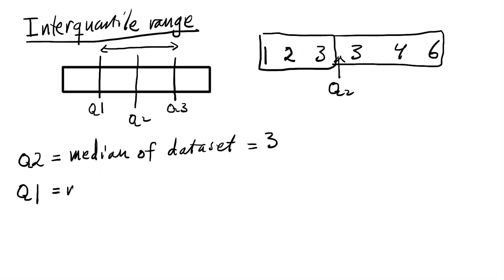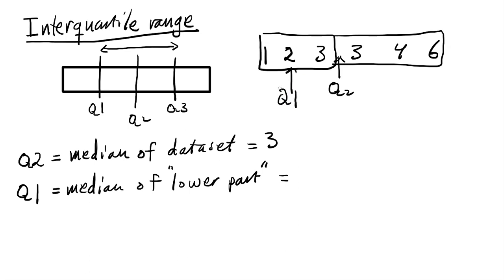Then we take the median of the lower part. So we take the median of this one, and the median of this one is this. So we have quartile 1 here. So this is 2.